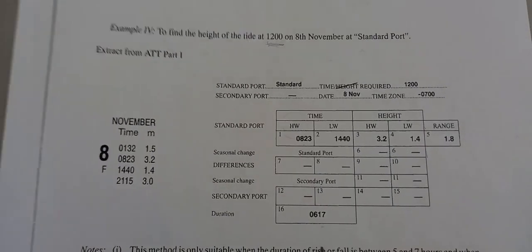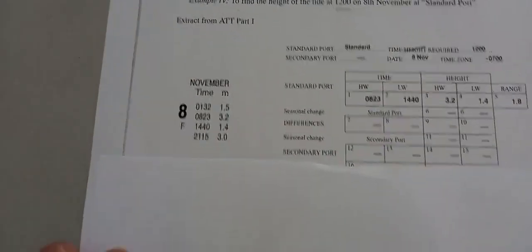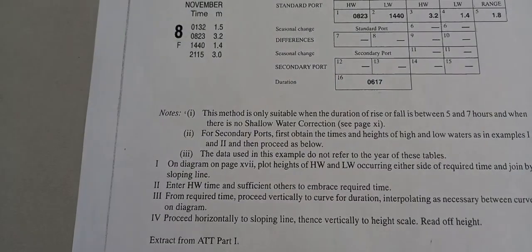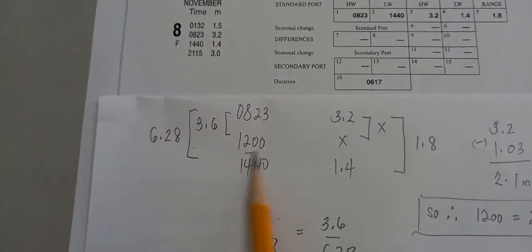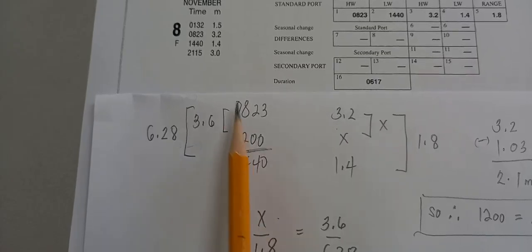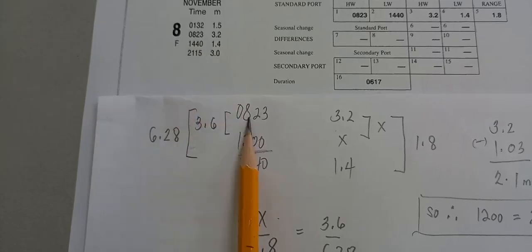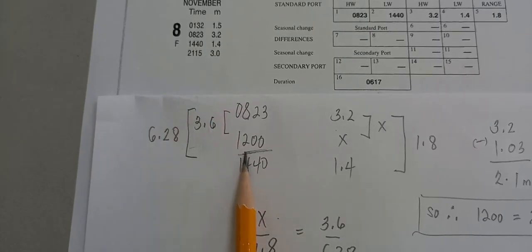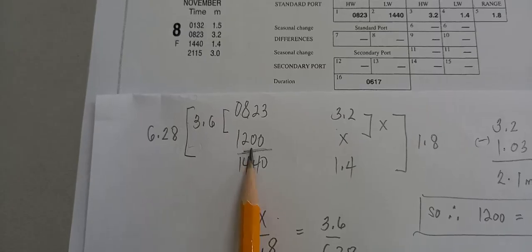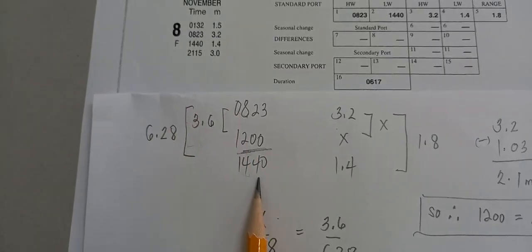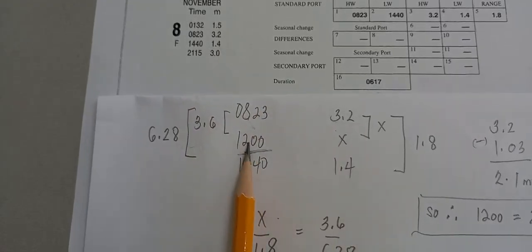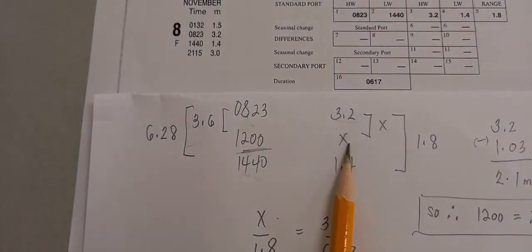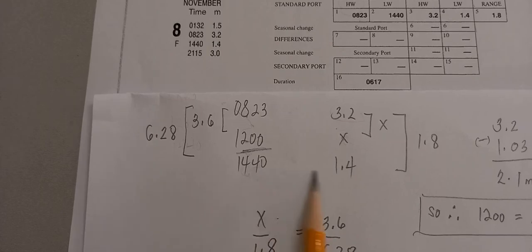So to interpolate, to get the 1200 value, we need 0823 and 1440 because it is in the middle. 0823 is equivalent to 3.2, so put it here. 1200 is the value that we need to get. 1440 is equivalent to 1.4.